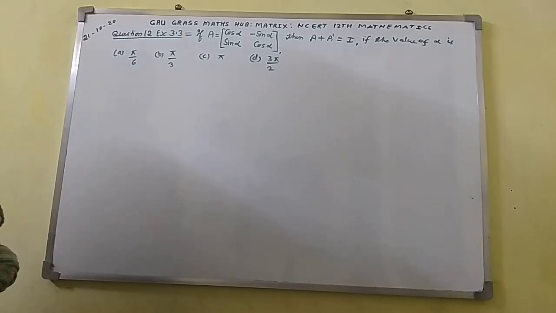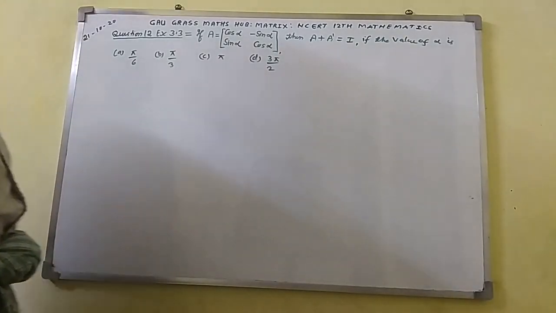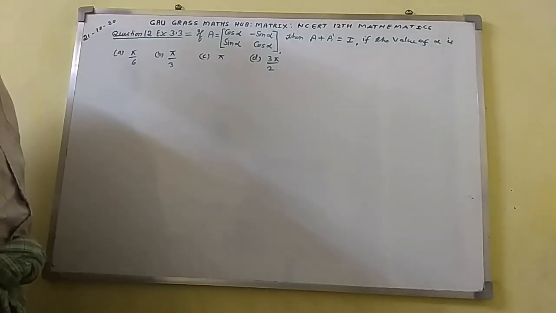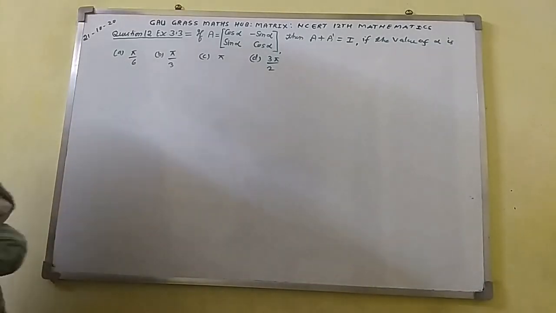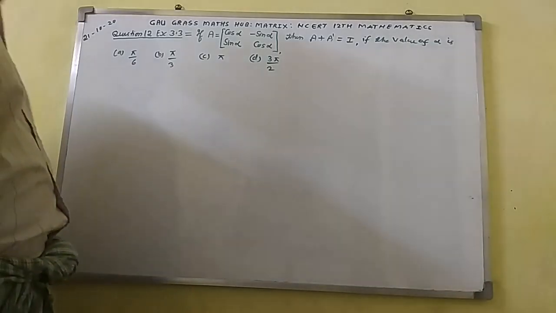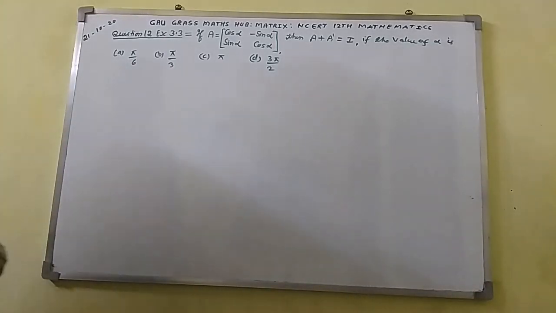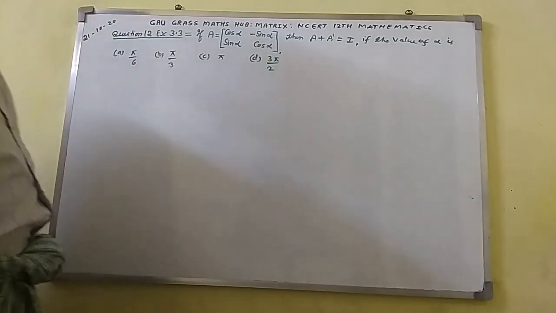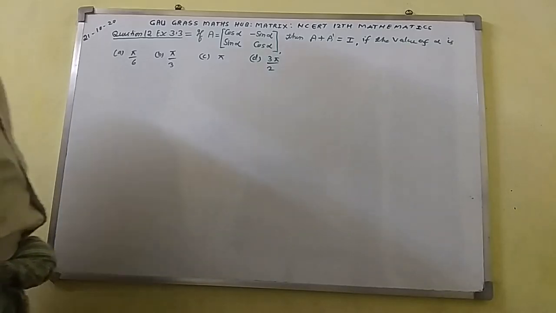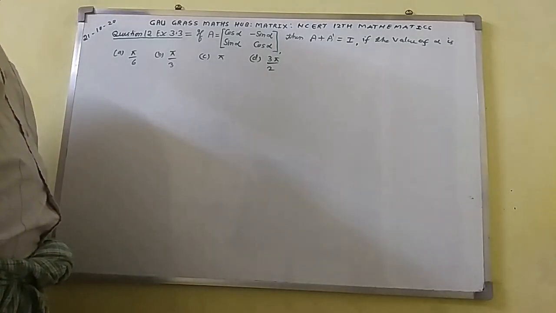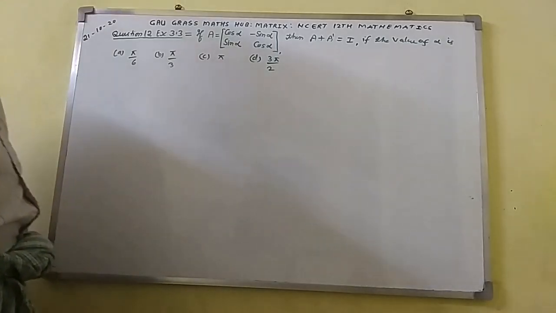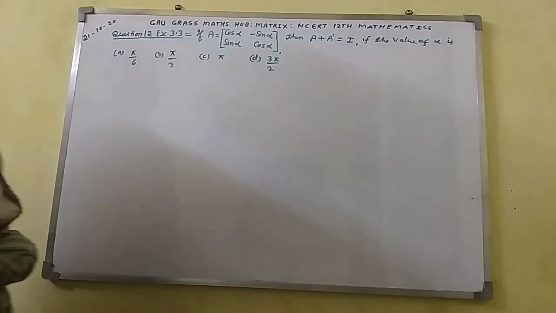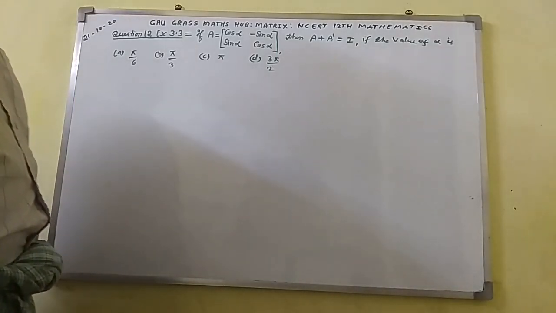That question is question number 12, exercise 3.3: if the matrix A is equal to [cos alpha, minus sin alpha; sin alpha, cos alpha], and A plus transpose of A is equal to I, then the value of alpha is: option A pi by 6, option B pi by 3, option C pi, option D 3 pi by 2.